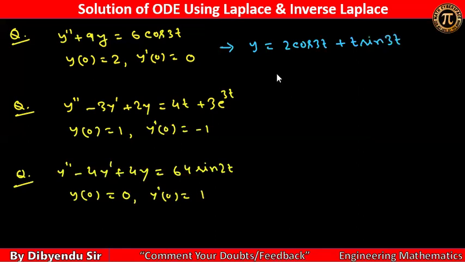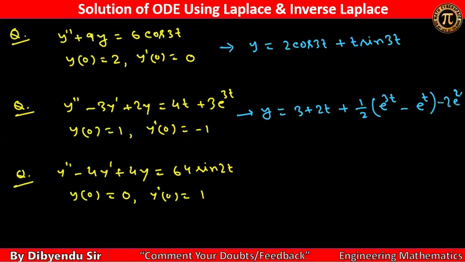Okay, and in the second question the answer is y equals t plus 2t plus half into (e to the power 3t minus e to the power t minus 2 e to the power 2t).